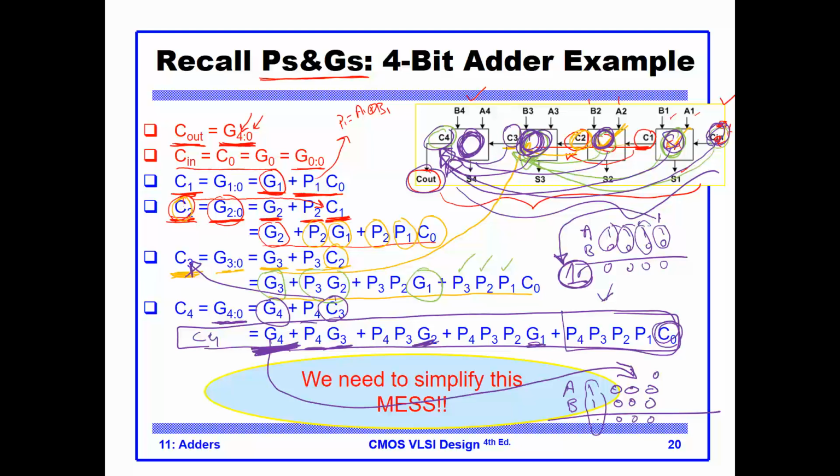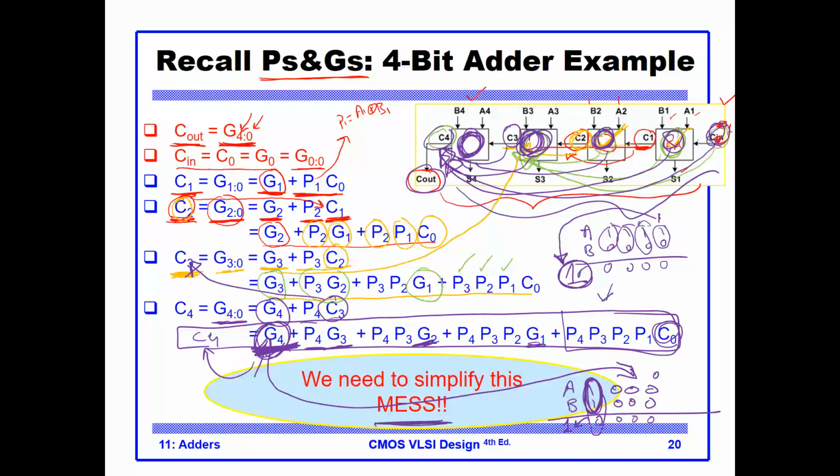Watch, I'm going to get a sum of a 0 and a carry out of a 1. This is because the generate 4 here equals 1, because both A and B at the bit position 4 are 1s, and therefore the generate 4 is equal to 1, making this term 1, and C4 as 1. Okay, this is a mess.